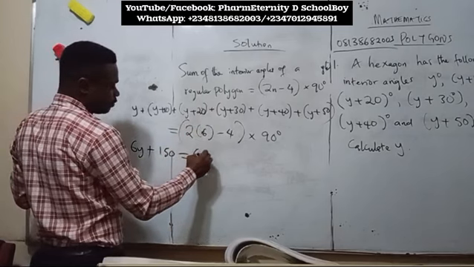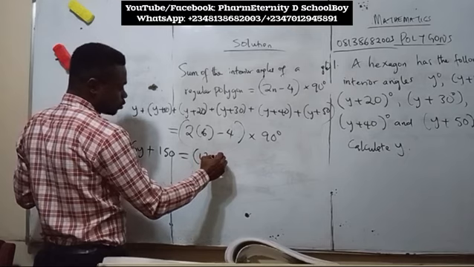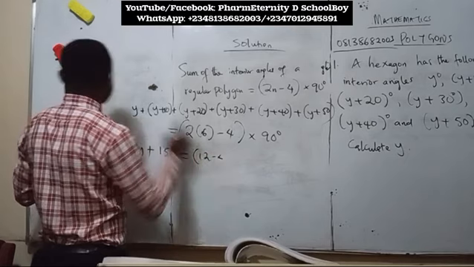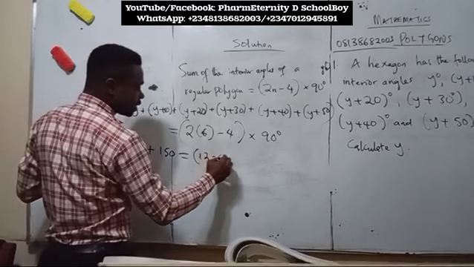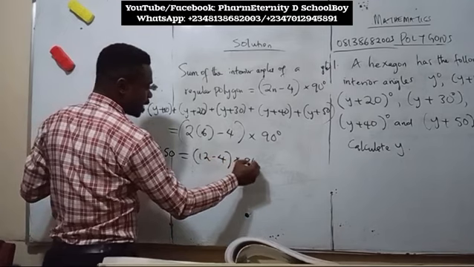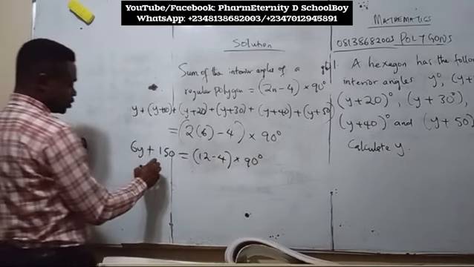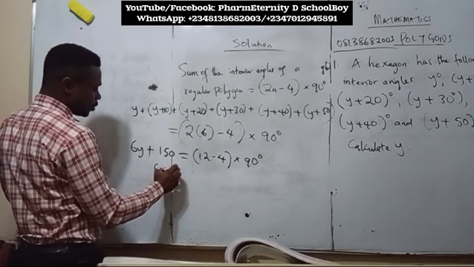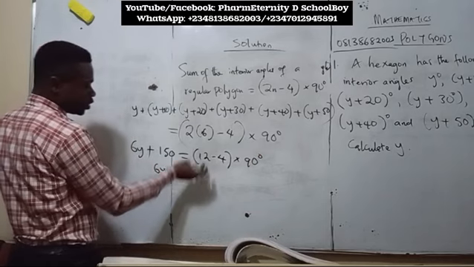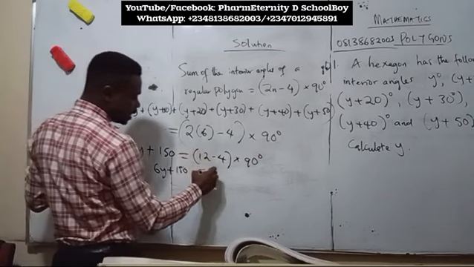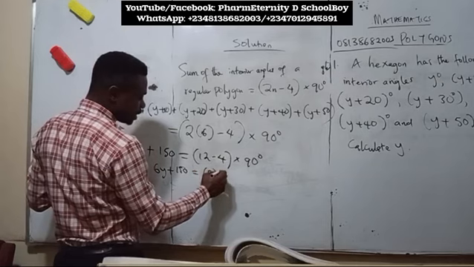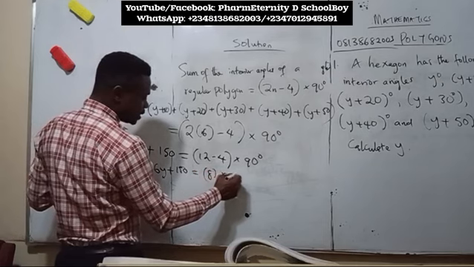Let me take it step by step. 6y plus 150 is equal to 12 minus 4, which is 8, times 90 degrees.